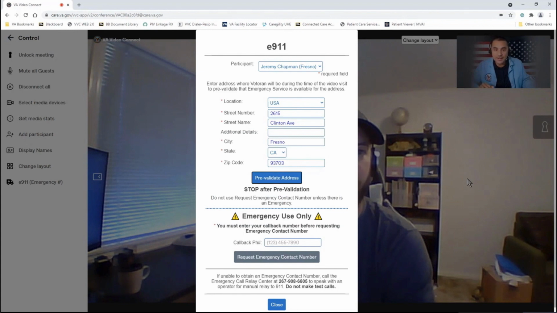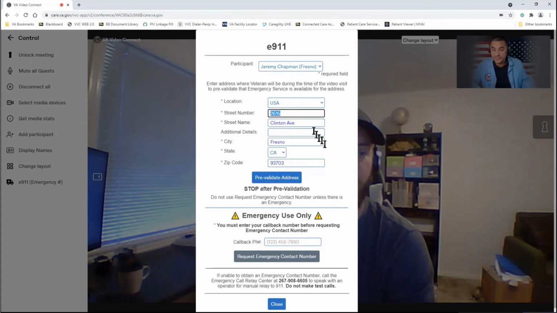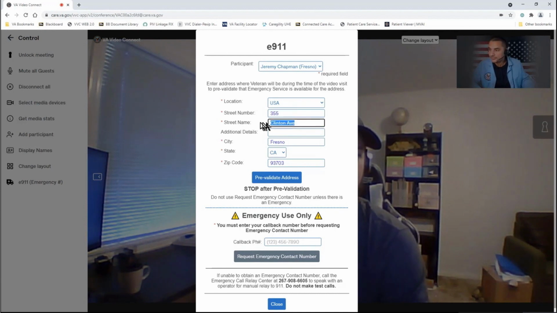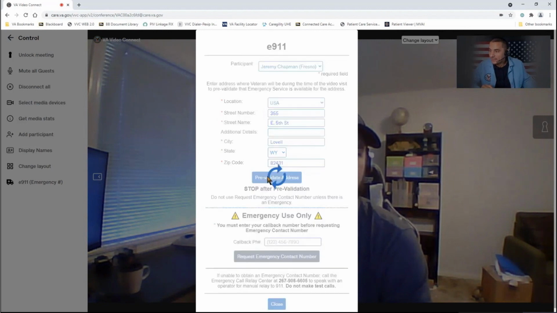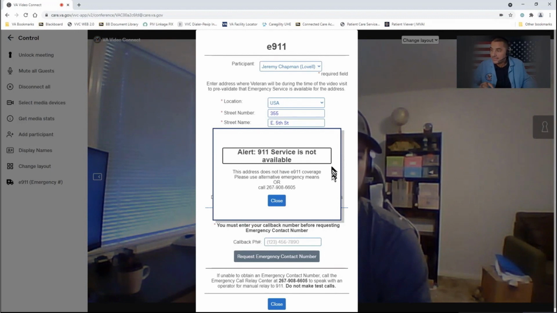Let me type in an address that doesn't have E911 services so that you can see what that looks like. So we have an example of an address here. If the veteran had given me this address as the location where he's at right now, I'm going to click pre-validate address. And what we will notice, different from what we saw for his real address, is it says alert, 911 service is not available.